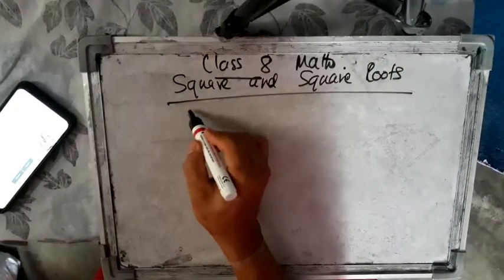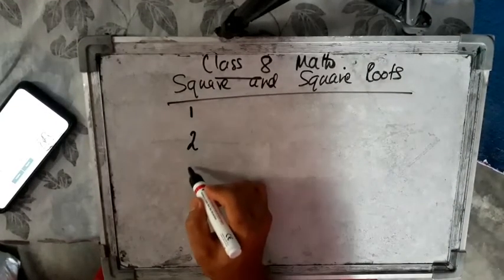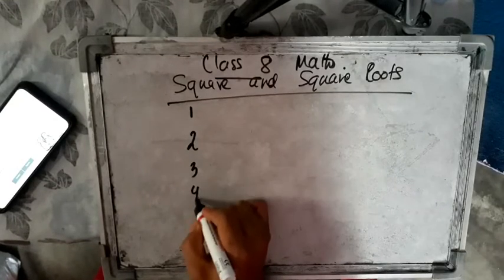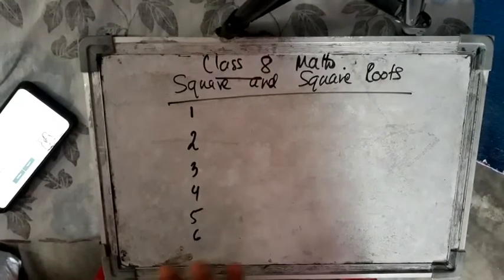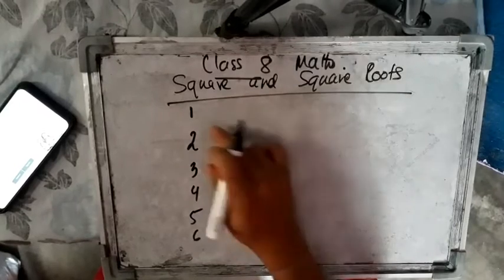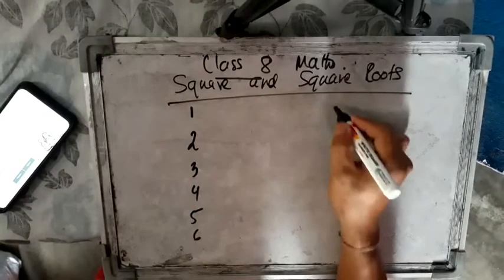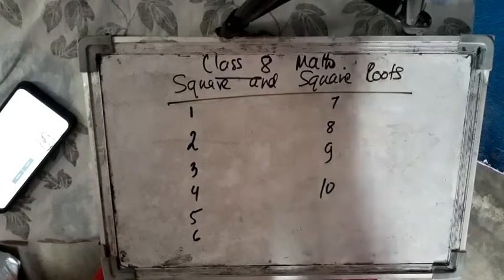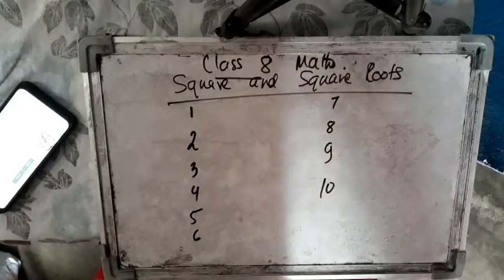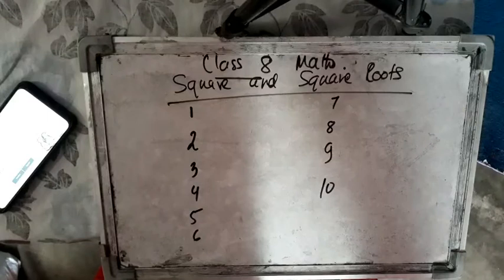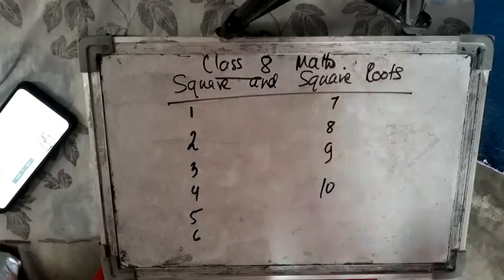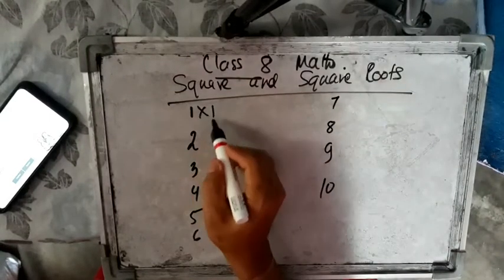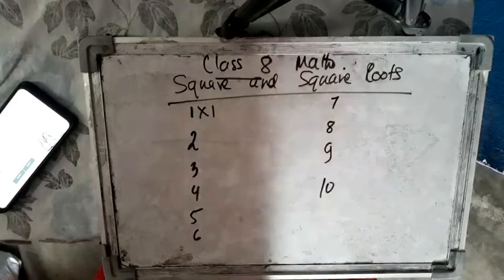So let me write 1 2 3 4 5 6. These are some few numbers: 1 2 3 4 5 6 7 8 9 10. Up to 10 we can write here. To understand this square, let us multiply the 1 with 1, the number itself.